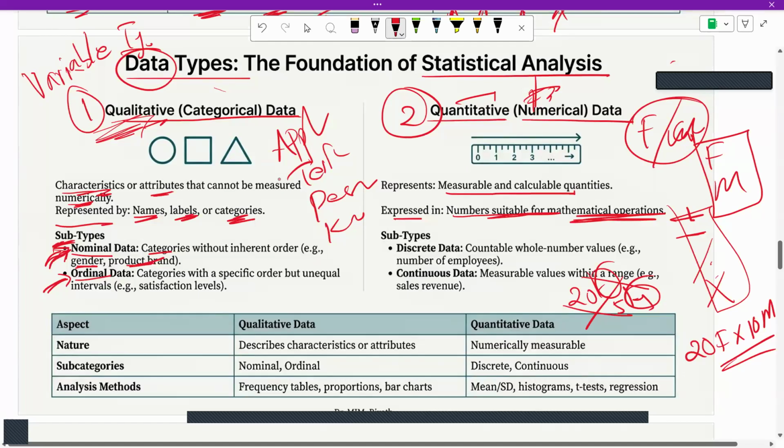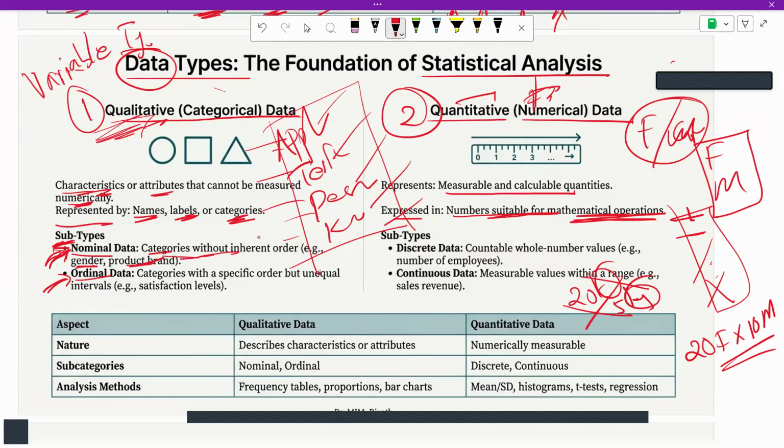So there are different brands. It has no numerical values. So these are the labels. These are categories. Brand is a categorical variable. Name is a categorical variable.